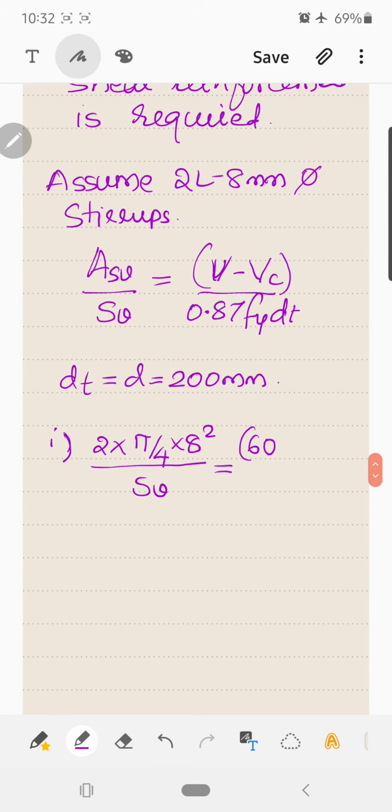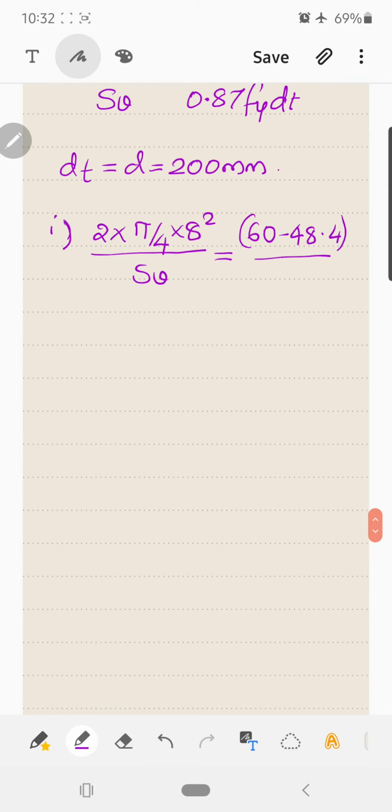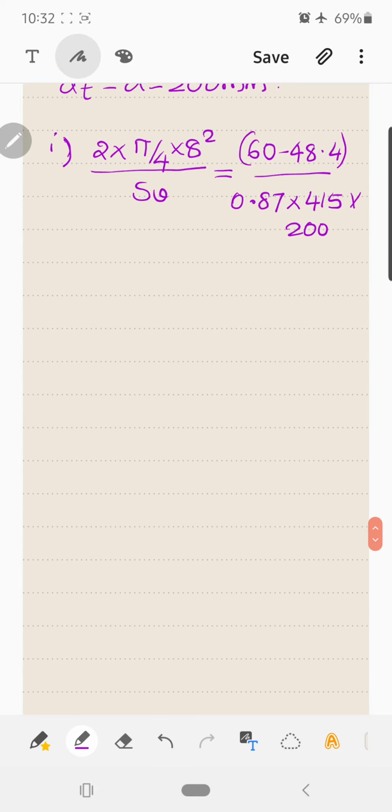We should resist the extra of 60 minus 48.4 by the stirrups, divided by 0.87 Fy, 415, into dt, that is 200. Cross multiplying and calculating the spacing, we get 620 mm.